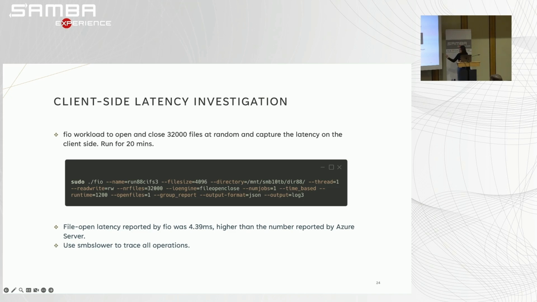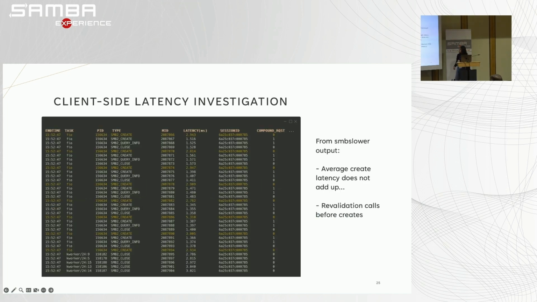So I used SMB slower to trace operations that were happening on the client. And here is an excerpt from the output that SMB slower produced. This output can basically tell us two things. Number one, the latency that was reported by FIO was 4.39 milliseconds.